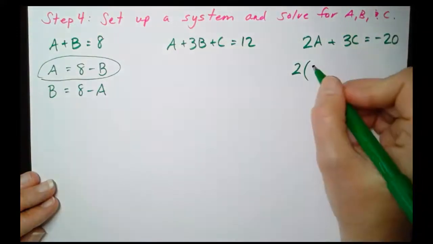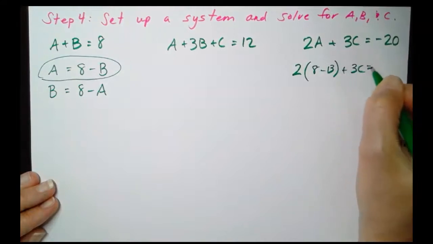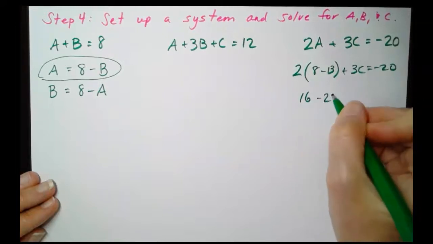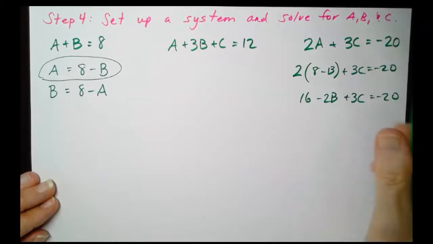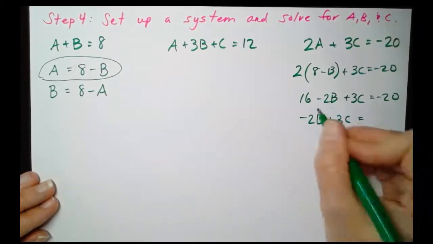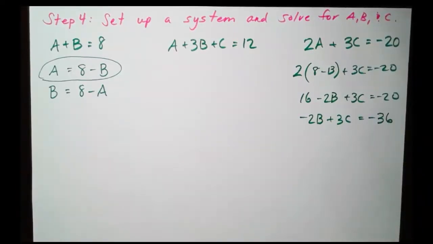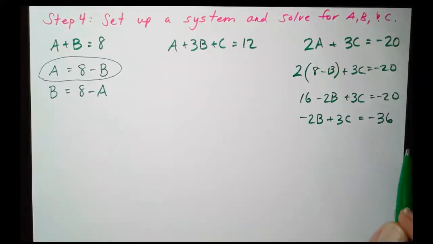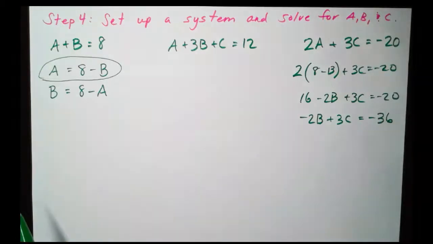So A is 8 minus B, plus 3C equals negative 20. So now we've got 16 minus 2B plus 3C equals negative 20. So negative 2B plus 3C equals negative 36. So we still can't solve for B or C without getting a fraction. So let's use this one more time and let's work on this first equation.